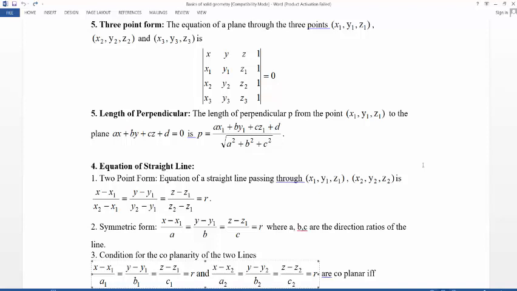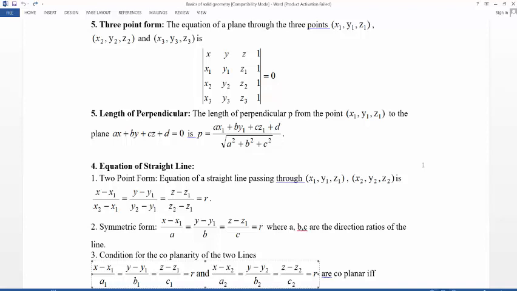Suppose the line in space is PQ, P having coordinates x1, y1, z1, Q having coordinates x2, y2, z2. Then the equation of line PQ is given by x minus x1 whole divided by x2 minus x1 equal to y minus y1 whole divided by y2 minus y1 equal to z minus z1 whole divided by z2 minus z1.